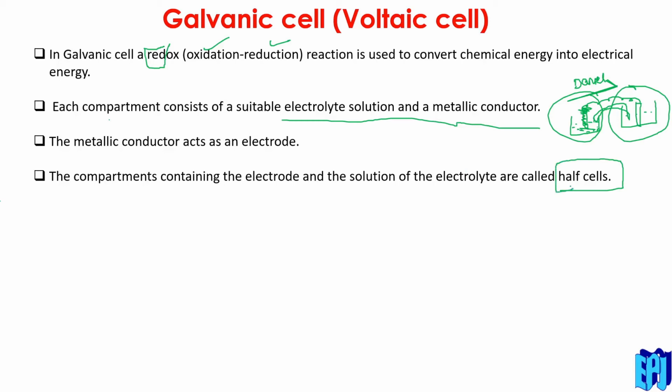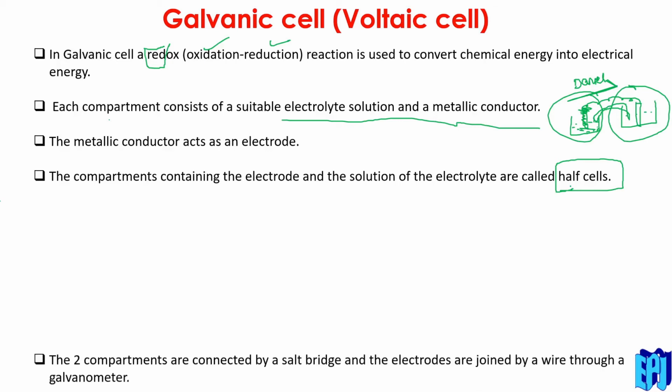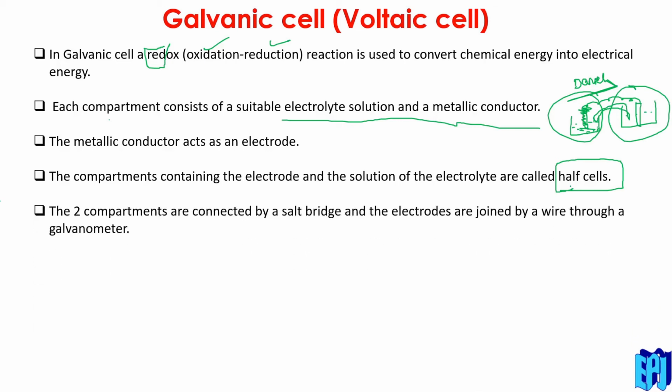In the coming slides, I will use the term half cells a tremendous number of times. Just keep it in your mind. A half cell is a combination of an electrode and an electrolyte. The two compartments are connected by a salt bridge, and the electrodes are joined by a wire through a galvanometer. I think you know all these.